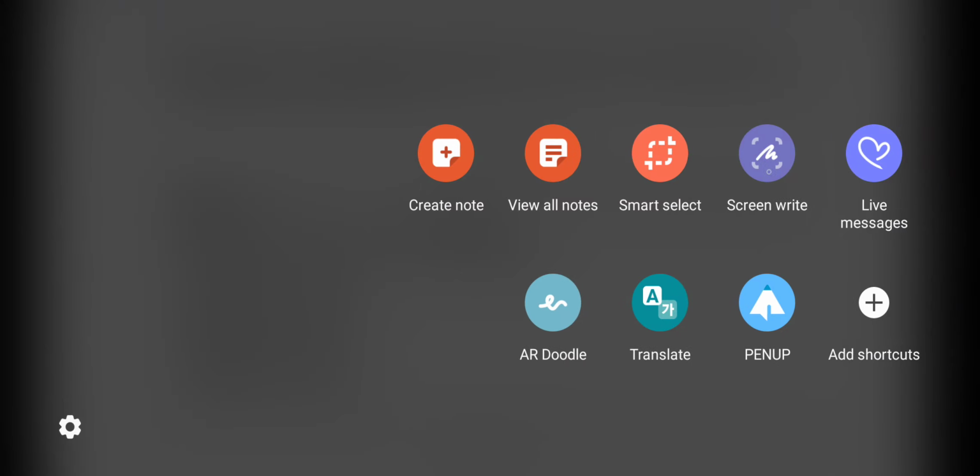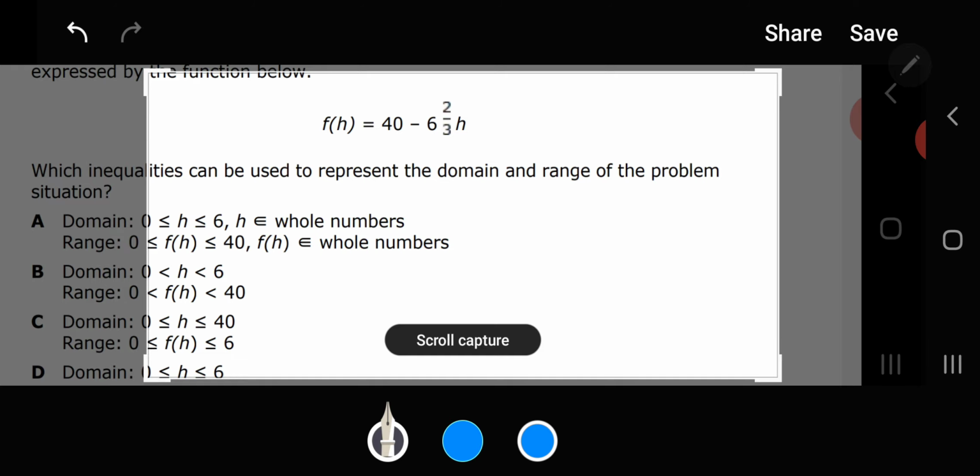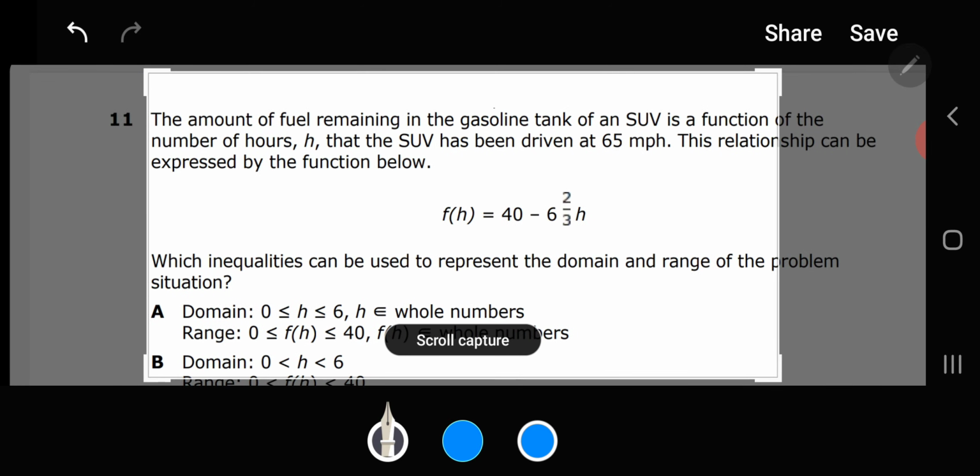Well, let's talk about the function real quick. So, F of h stands for the amount of fuel left. And it depends on how long we've been driving. Okay, that's the h. Okay, well, it's showing 40 minus 6 and 2/3 h. So, I know by the function we're losing 6 and 2/3 of a gallon each hour that passes.